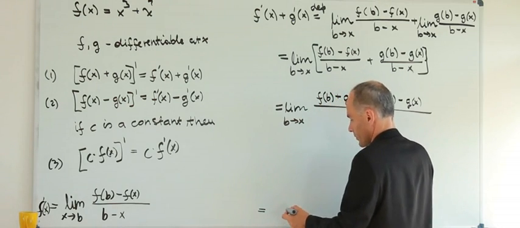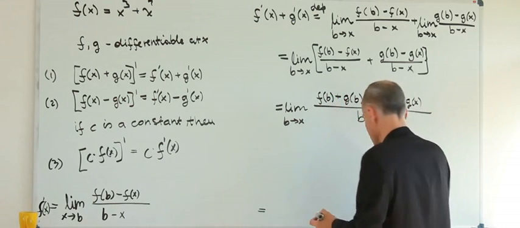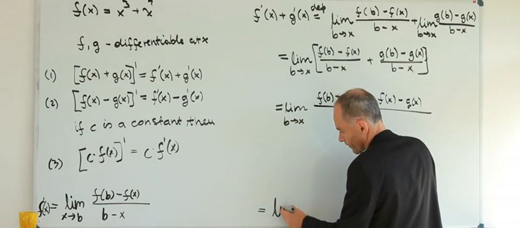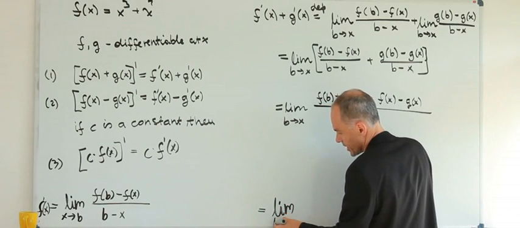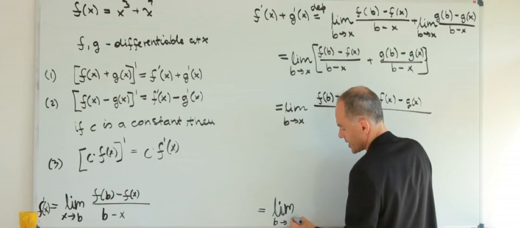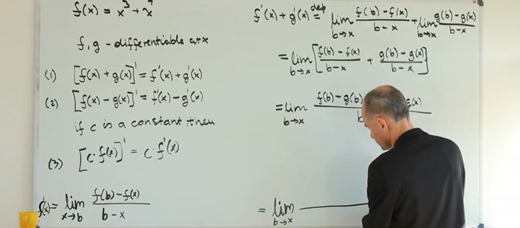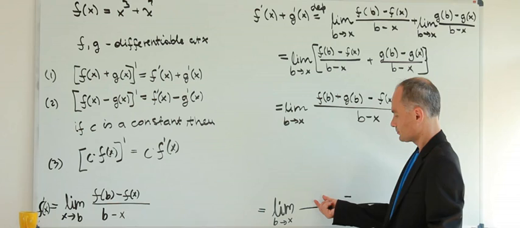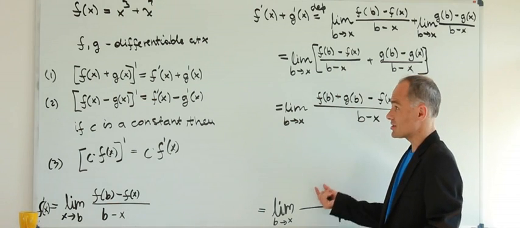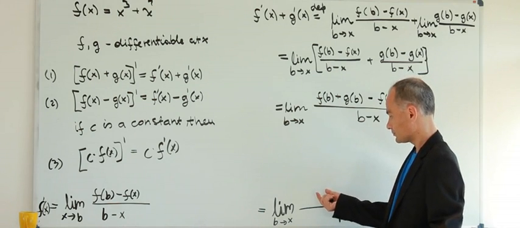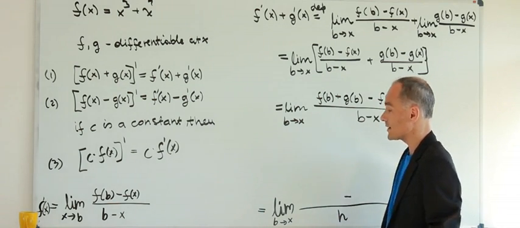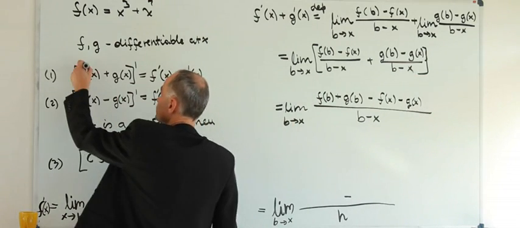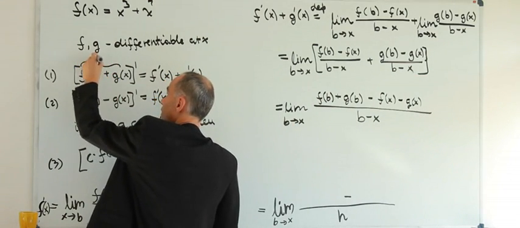So in order for us to get the derivative of the sum, I need to get the limit as b approaches x of, and what do I write here? The function, which is the sum of f and g, evaluated at b. So how about if I call that function k of x?